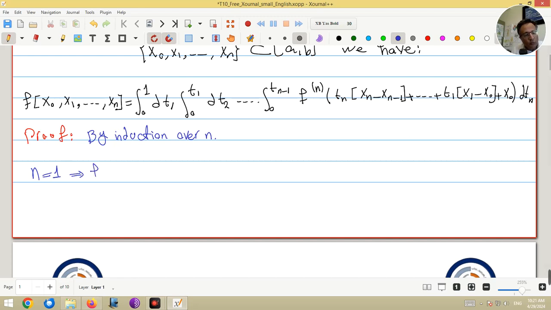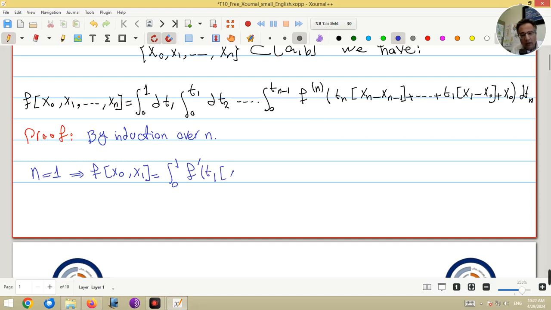We shall prove f[x0, x1] is equal to an integral. Here you can look, it will go from 0 to tn-1, so it will be from 0 to 1.